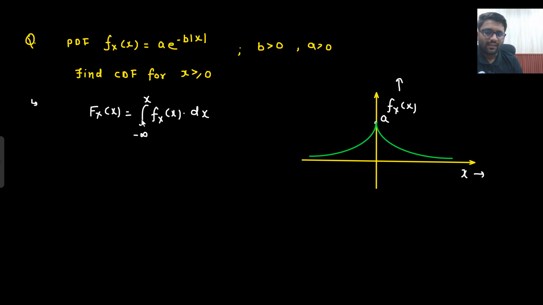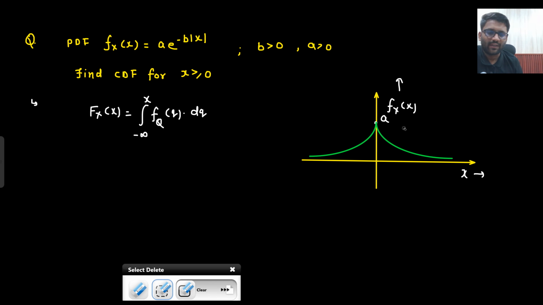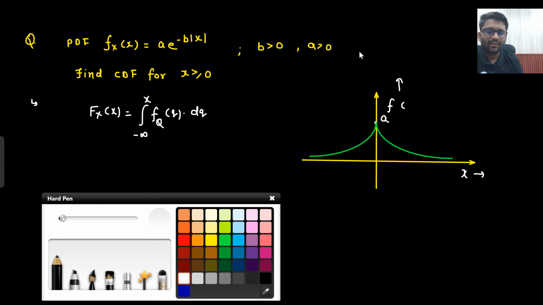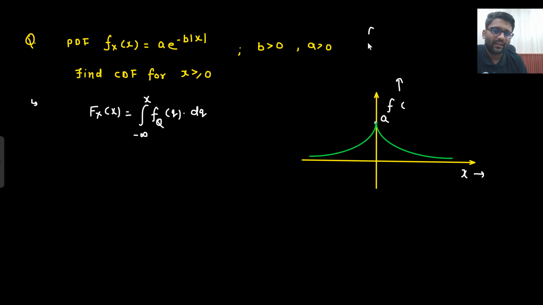Here, if I am putting the limit in terms of x, then here I should not put x, right? I should put q. So here I will say that I have drawn the graph. If I know f_X of x, then can you let me know what your f_Q of q will be?